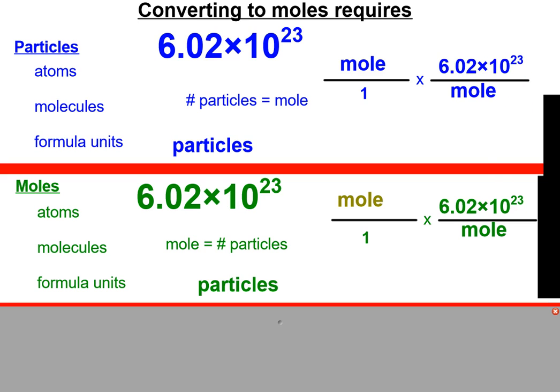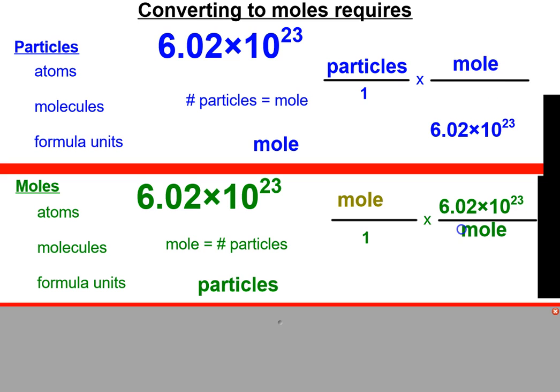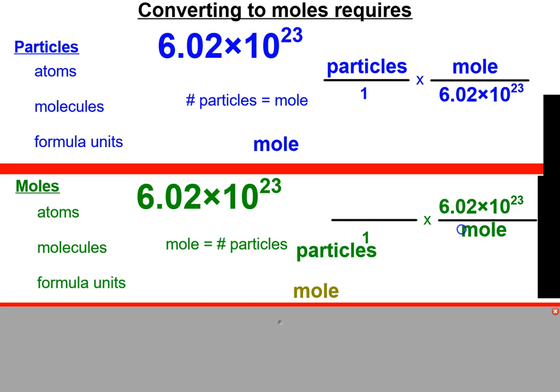Now it works, right? Now I'm starting with moles, and I can get particles. Okay, so I'm going to put this back the way it was, and then of course I have to change it back here. And just like I did up above, I can start with particles.